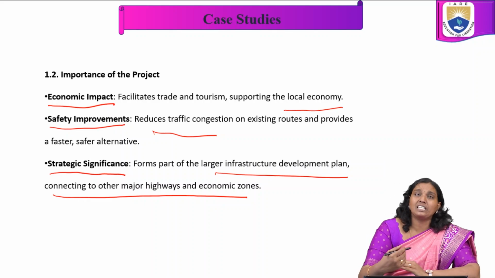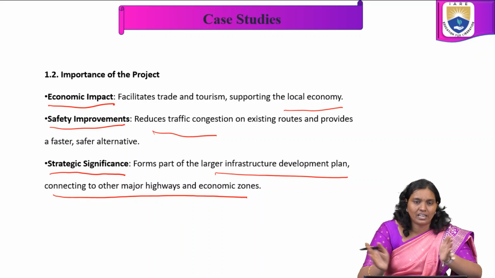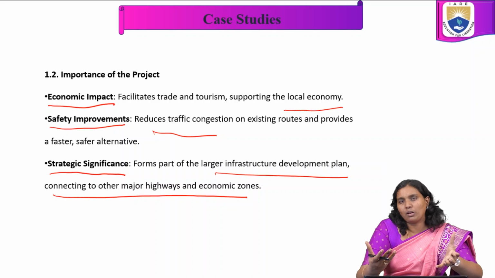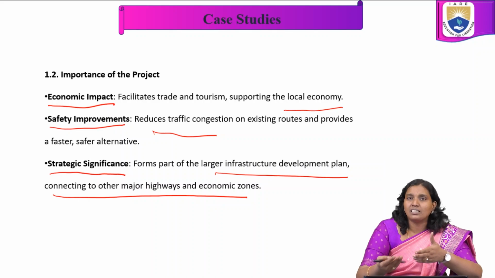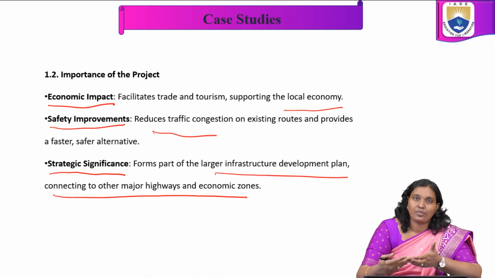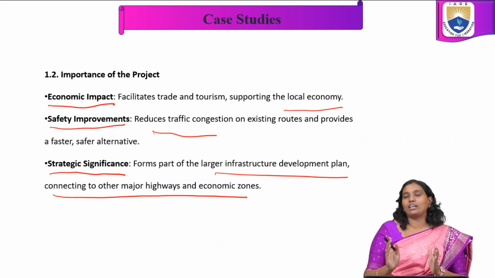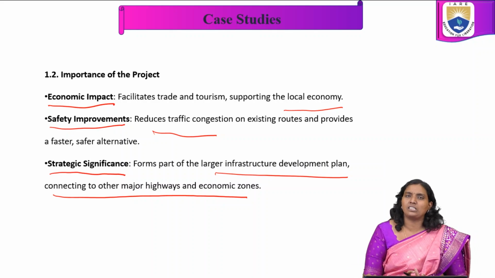Once we consider the facilities, it gives so much strength to the local people to get their business, making business easy. This kind of local supporting economy is going to improve because of these roadway facilities once we improve them in any country. Also, this highway completely belongs to the transportation system.